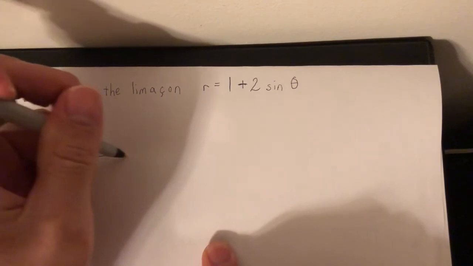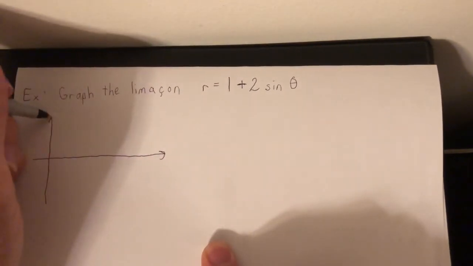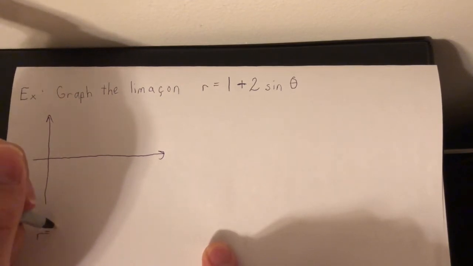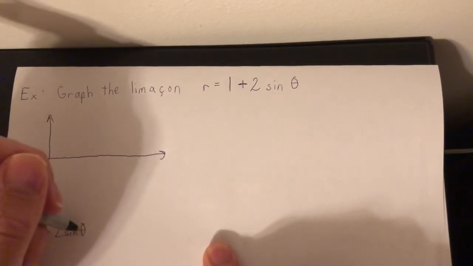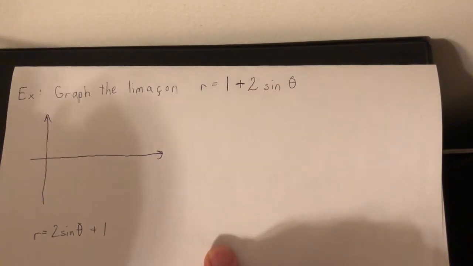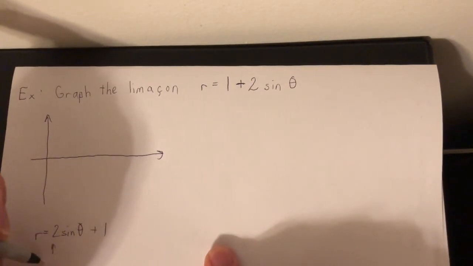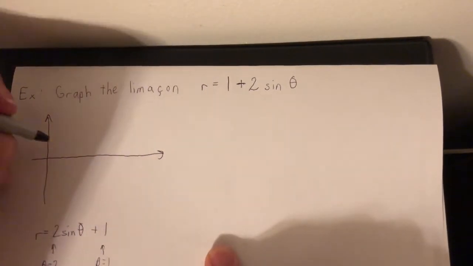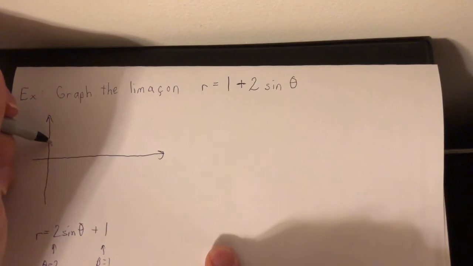Let's take a look first in the theta r plane like we did for the previous couple examples. So if I look at r equals, I'm going to rearrange this, 2 sine theta plus 1, so that we can see, okay, my amplitude is 2 and my baseline is 1. So I'm going to get this basic shape.